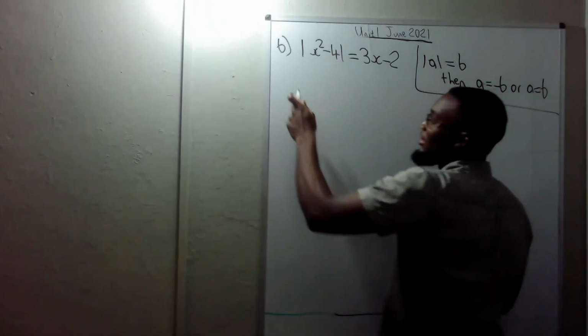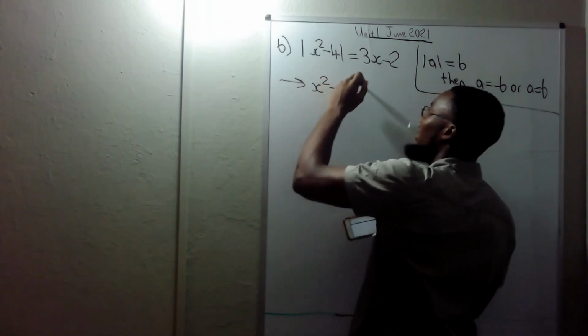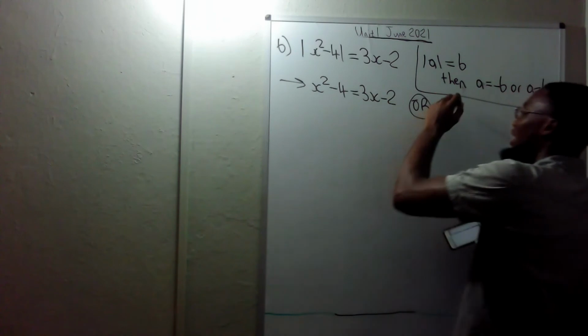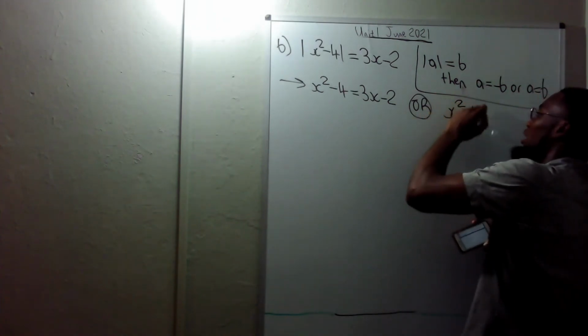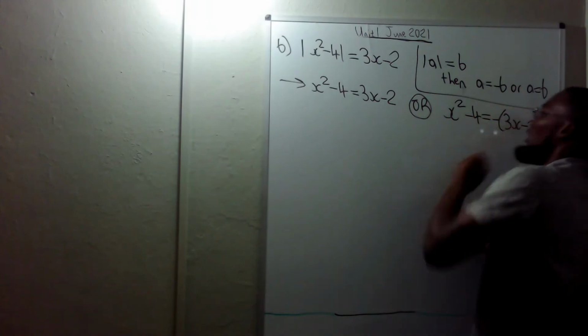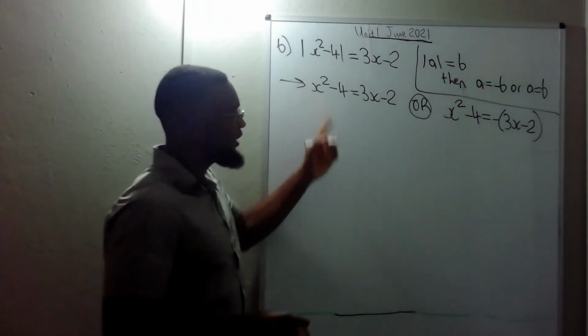So from this, that implies that x squared minus 4 can equal 3x minus 2, or we can write x squared minus 4 is equal to negative of 3x minus 2. Either one is fine. Let's start with this side.